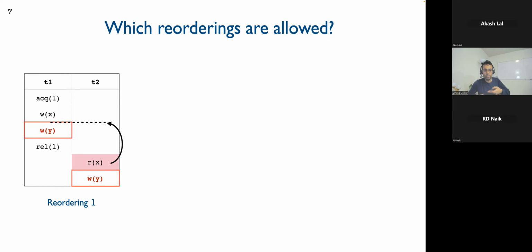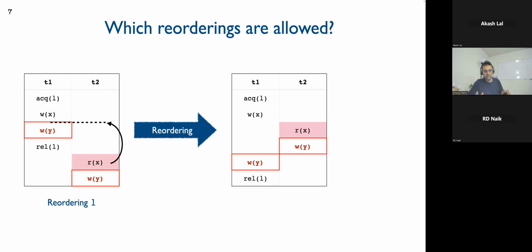I want to place the read of x in between the write of x and the write of y. This reordering in some precise sense makes sense. Intuitively, this is an execution that makes sense, and the audience will not mind that this is an okay reordering, I think.